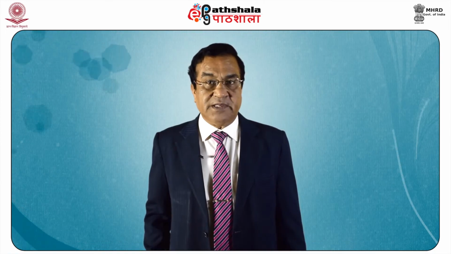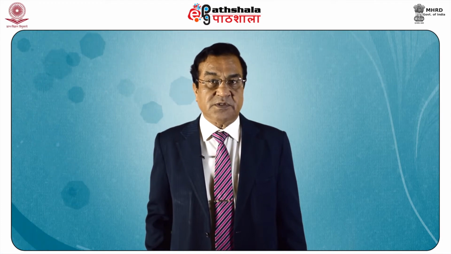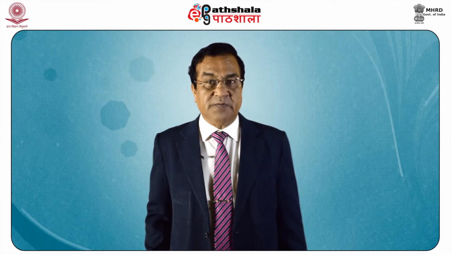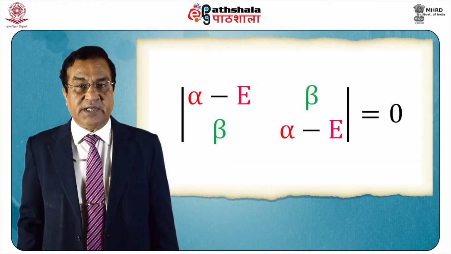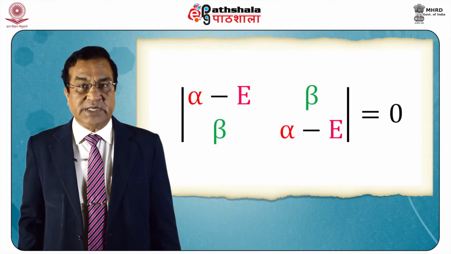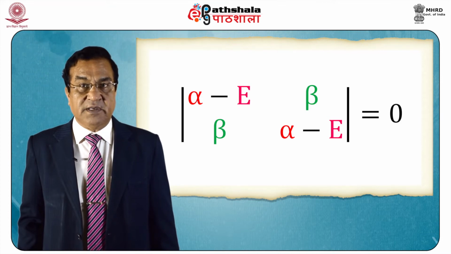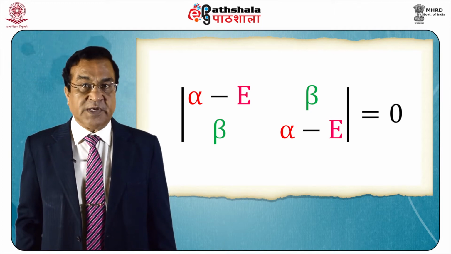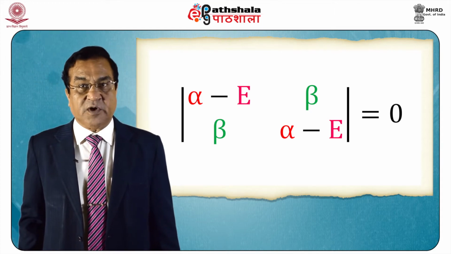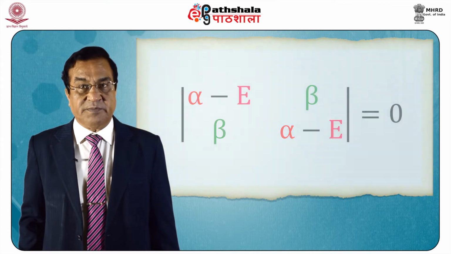Once we apply these Huckel approximations, the secular determinant gets simplified and becomes, as you can see here, the first row alpha minus E, beta, and the second row beta, and alpha minus E. Please remember, this is a simplified form of the secular determinant after incorporating Huckel approximations.